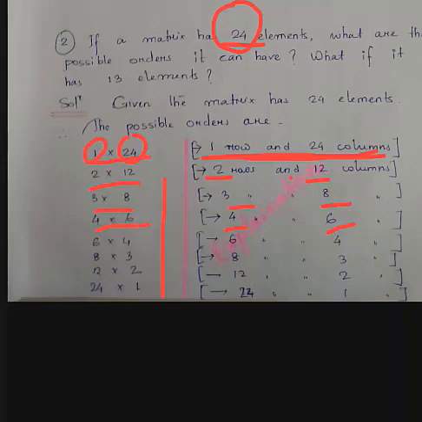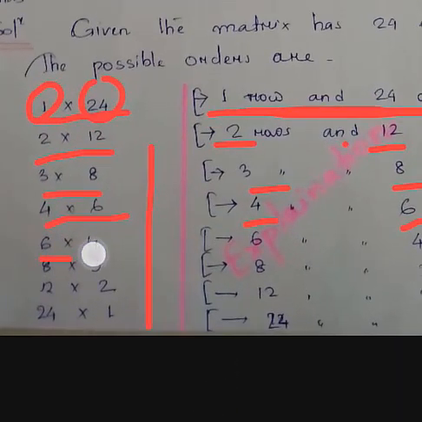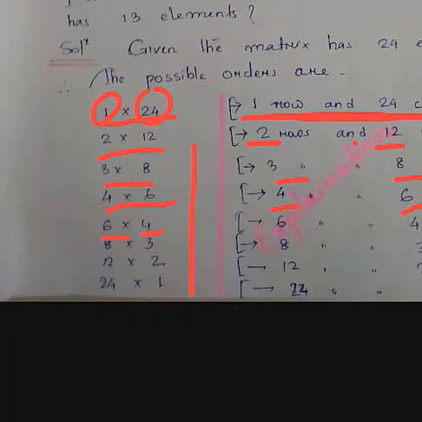In reverse order, 6 rows and 4 columns gives 6 by 4, 8 rows and 3 columns gives 8 by 3. Likewise, 12 by 2, and then 24 rows and 1 column.